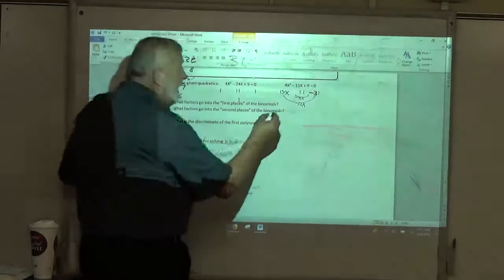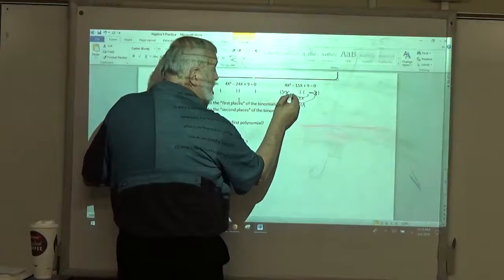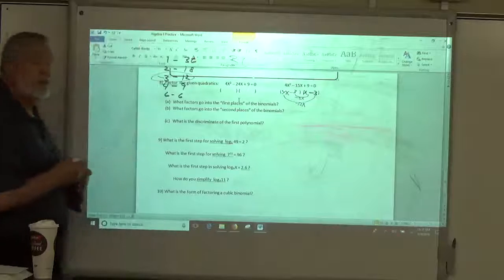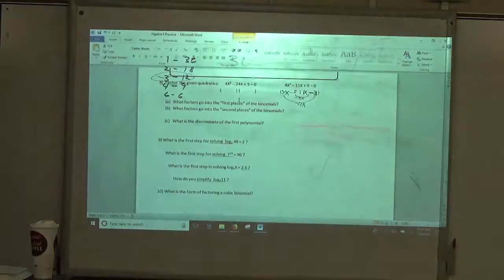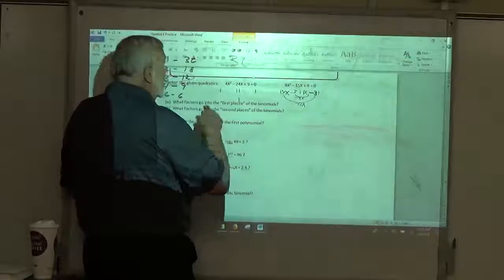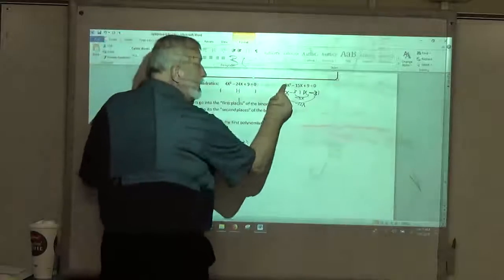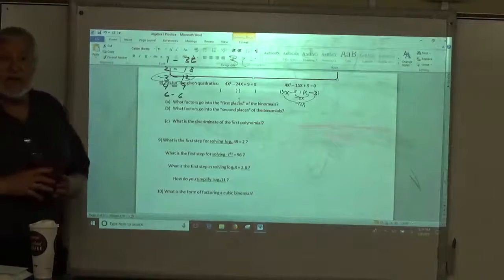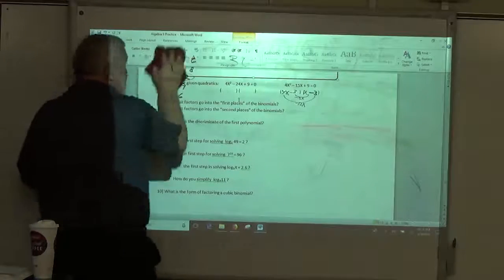Then the front has to be negative 3, so this must be negative 3 and 1. The point for those was that you've got to remember that you use the factors of P times Q. The first one times the last one, not just the last one.